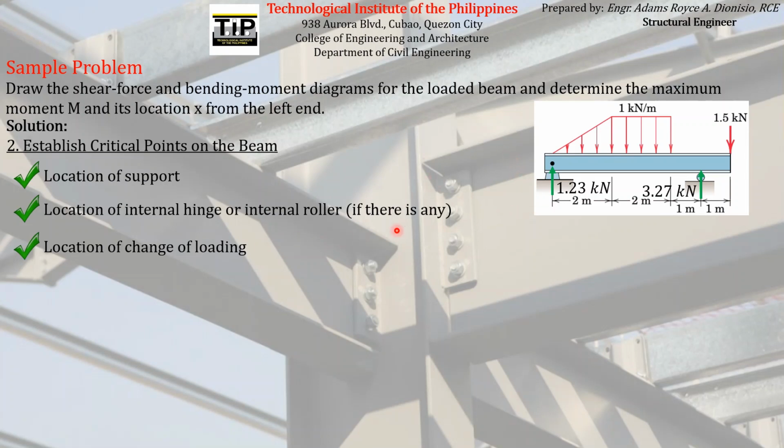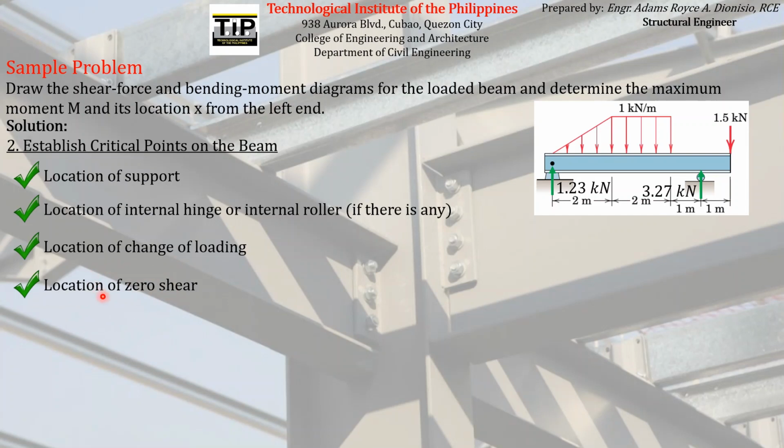So the interface of any different loading can be assumed critical. Say for example, this triangular load and this rectangular load, their interface is this location or this point. So we can assume that this point is a critical point.